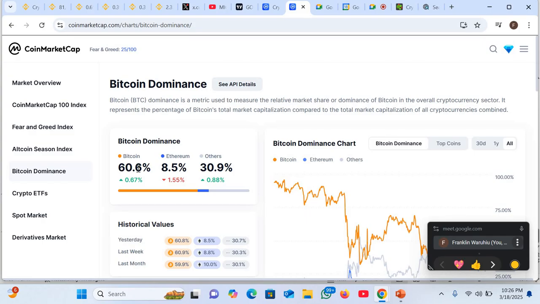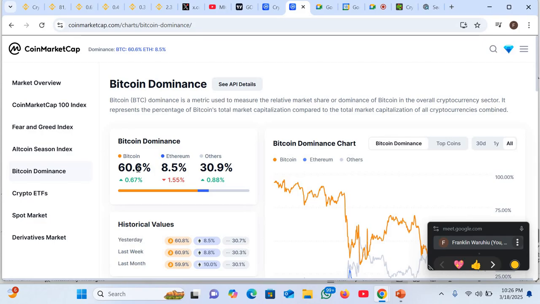But as long as Bitcoin dominance is as high as 60.6%, it simply means that Bitcoin is more dominant than other cryptocurrencies, in this case altcoins.